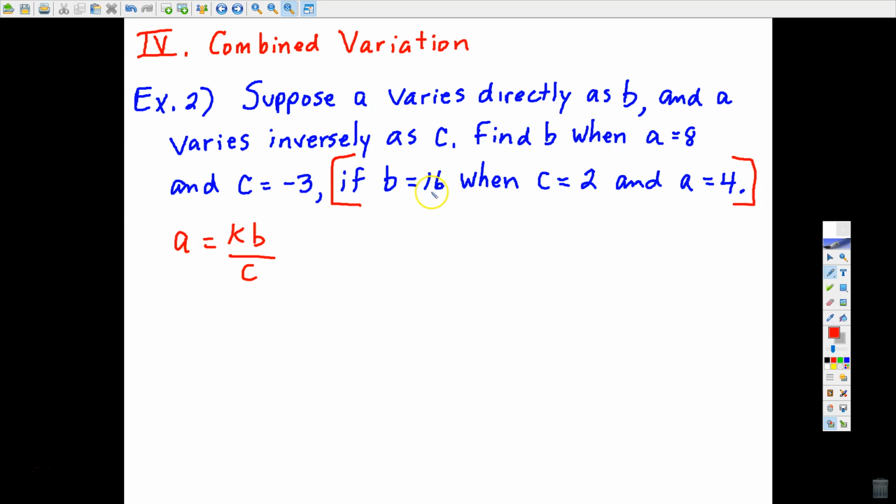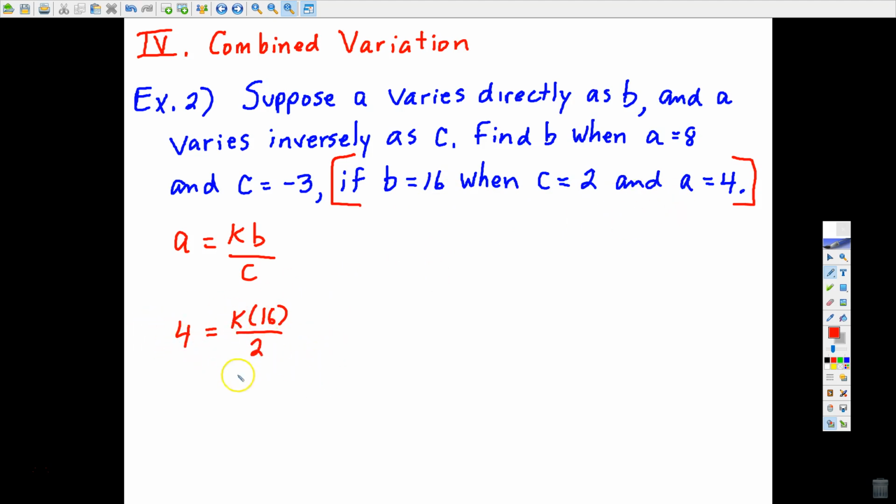Alright, so B is 16, C is 2, A is 4. Oh, sorry about that. C is 2. I was looking at that one. Okay, double check that. B is 16, C is 2, A is 4.